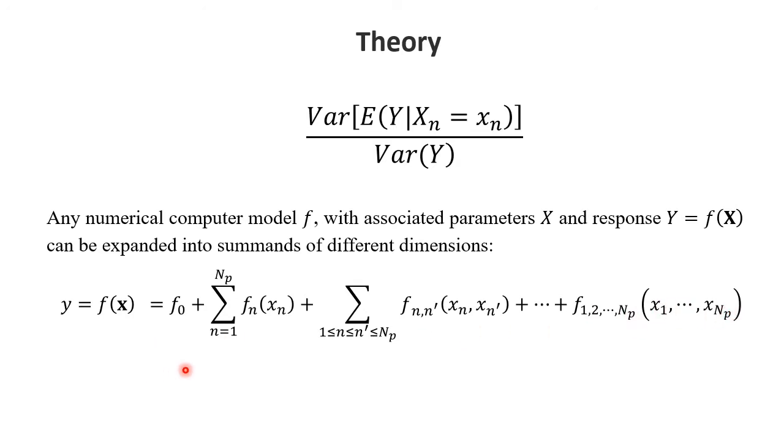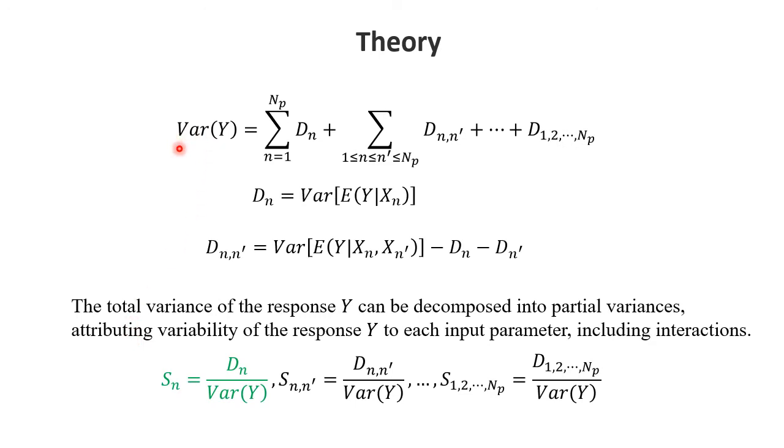Under that circumstance, and essentially with an initial assumption of orthogonality of these functions, we can write the variance of y as follows. The first term now drops because the variance of a constant is simply 0. And then you have these individual varying terms. These individual terms are our conditional variances. So this would be the variance of the conditional expectation of y given each individual xn.